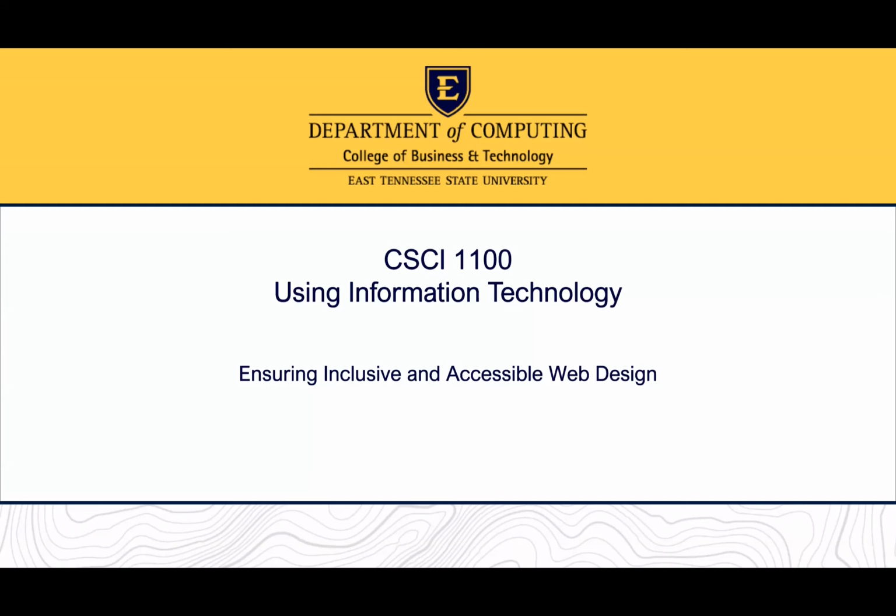Okay? Web accessibility is about making sure that websites and web applications are usable by everyone, regardless of their abilities or their disabilities. Okay? Web accessibility means that people with disabilities can perceive, understand, navigate, and interact with the web.